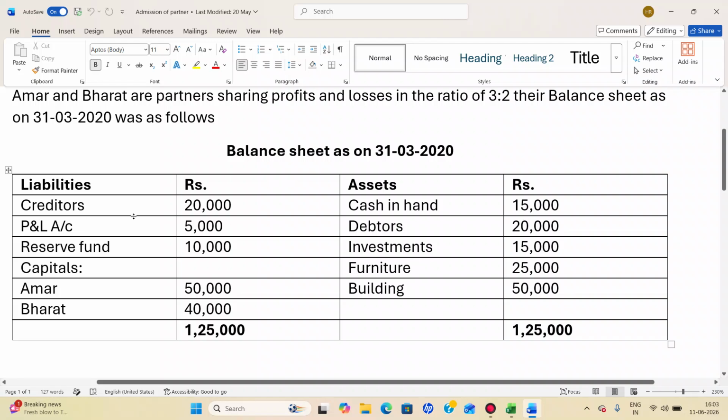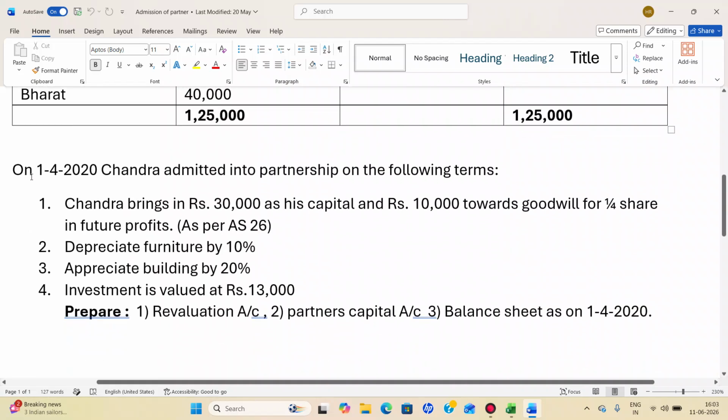On the liabilities side, creditors, P&L account, reserve fund, and capitals of Amar and Bharat respectively. On the asset side, cash in hand, debtors, investment, furniture, building. Now, in the adjustment on 1/4/2020, Chandra was admitted into partnership on the following terms. Here, Chandra is admitted as a new partner.